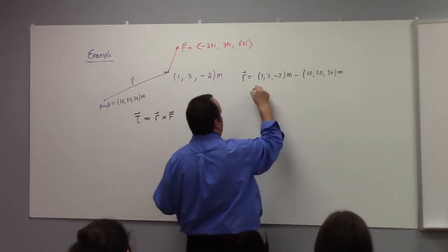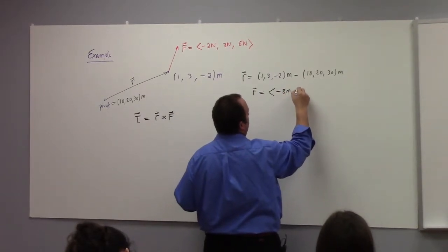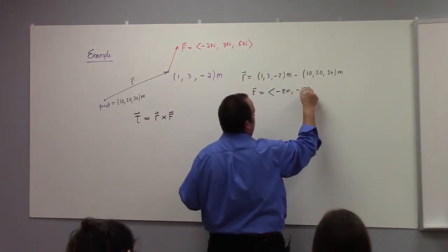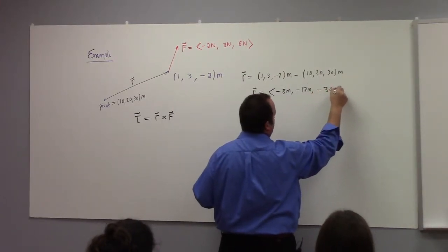So apparently R is equal to minus 8 meters, minus 17 meters, and minus 32 meters.